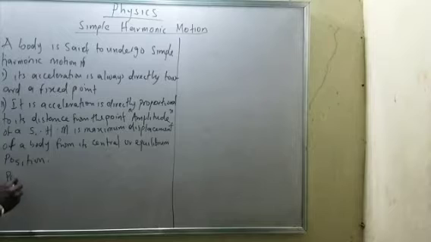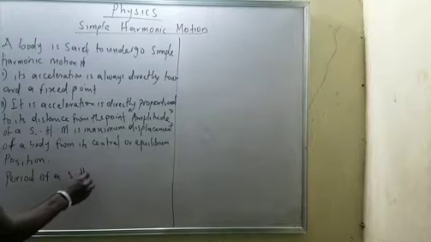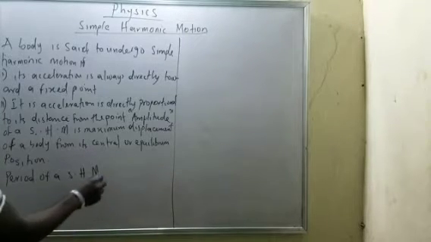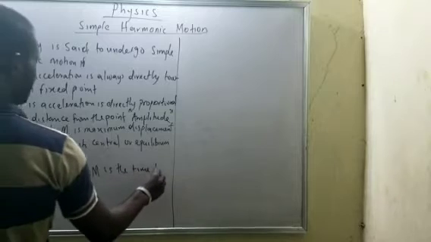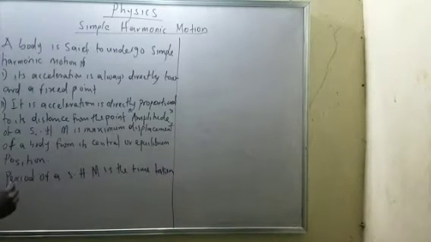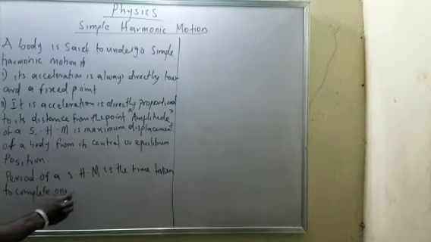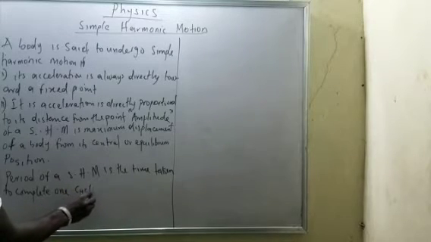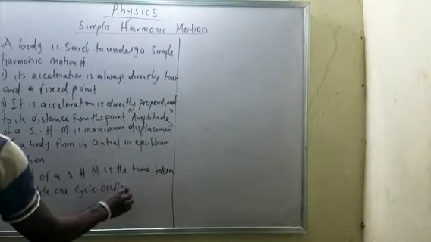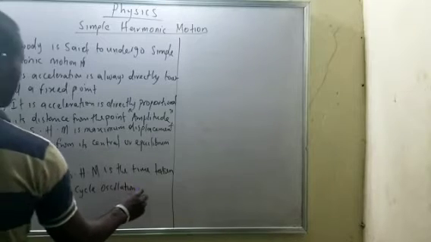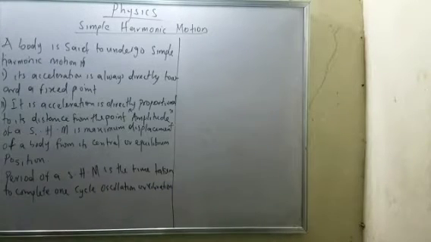There must be a period that the motion takes. The period of a simple harmonic motion is the time taken to complete one circle, oscillation, or vibration. We have done this type of circle.